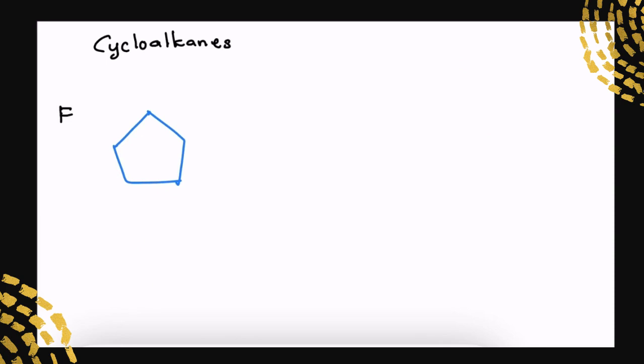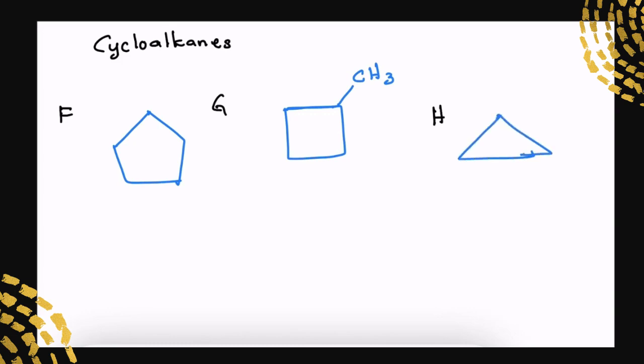Then we can try to shorten the cyclic ring. We can propose the square that contains 4 carbon and we have 1 carbon extra as CH3 as a substituent. Then we can reduce the cyclic ring to 3, which is a triangle, and we have another 2 carbon extra. We can put a substituent that contains 2 carbon this way.